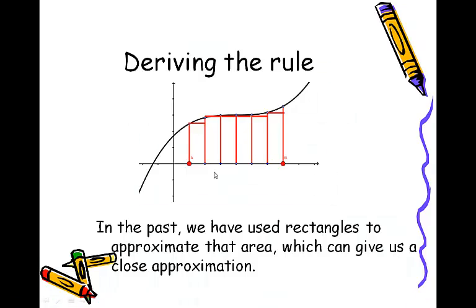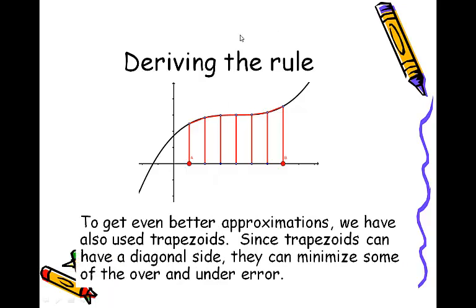So then a better shape that we have used are trapezoids, because the top of a trapezoid can be on a diagonal. But even still with trapezoids, you'll still have a little bit of under or over error because they don't quite curve. They're still straight. They're a much better approximation, as we can see here, but perhaps maybe there's one better.